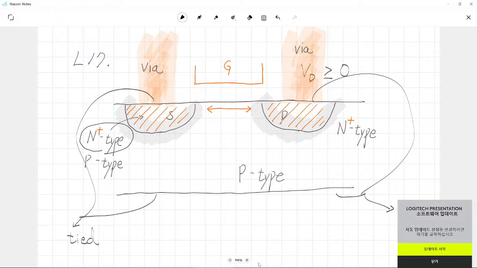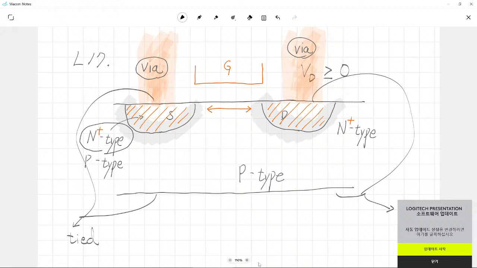You know, via means that something goes through a certain structure. So this is called a via, and here we have via metal, and that is directly connected to our source and drain.